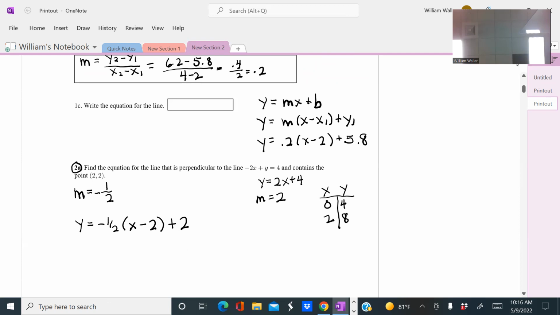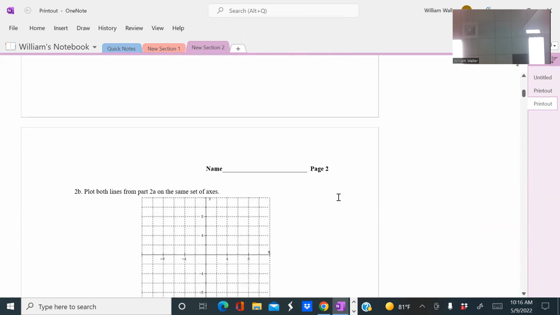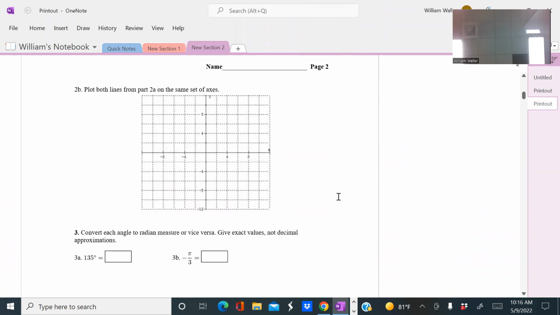So it's easy to find points on this line, easy to find points on this line, same idea: just plug in an X value, find a matching Y value, plot those points, and then connect them with a straight line. So if you look at the answer key, you'll see the graphs of those two lines. Remember, they were supposed to be perpendicular.